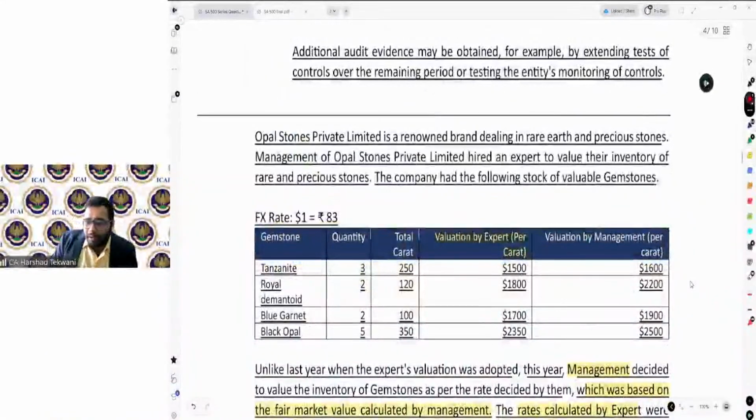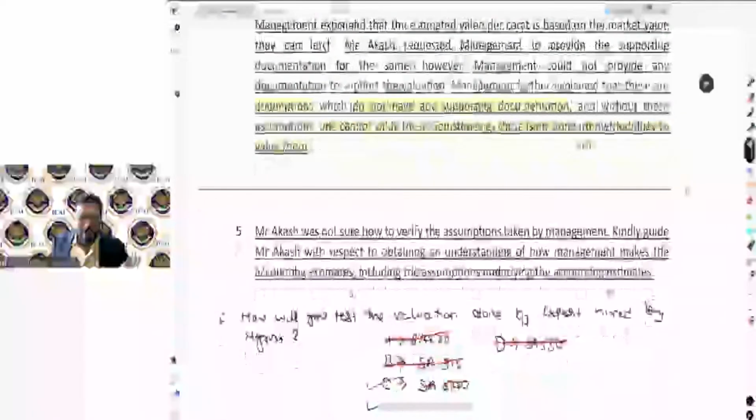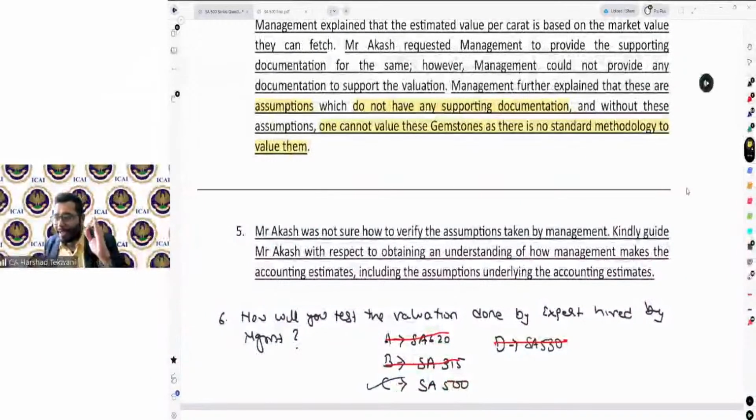If you see, Opal Private Limited, Stones Private Limited hired an expert to value their inventory. So it was the management's expert. If it is a management's expert, I'll apply the concepts given by SA 500.